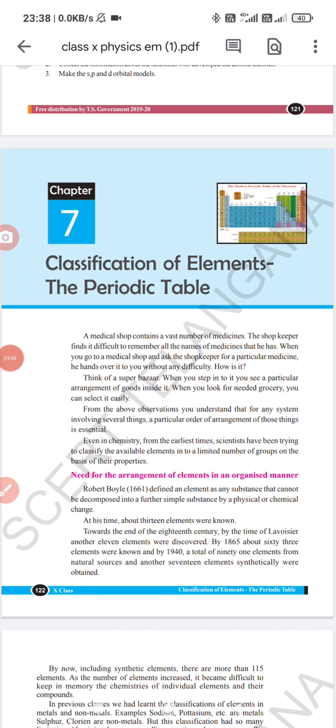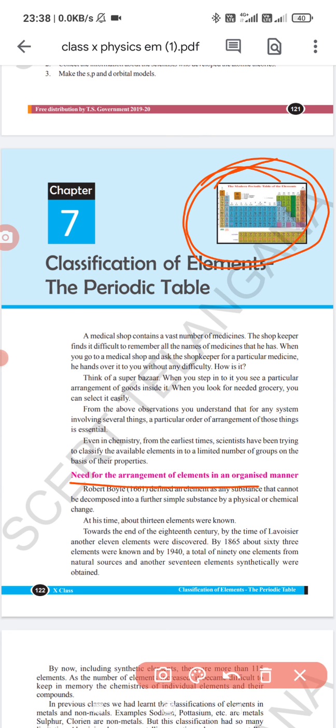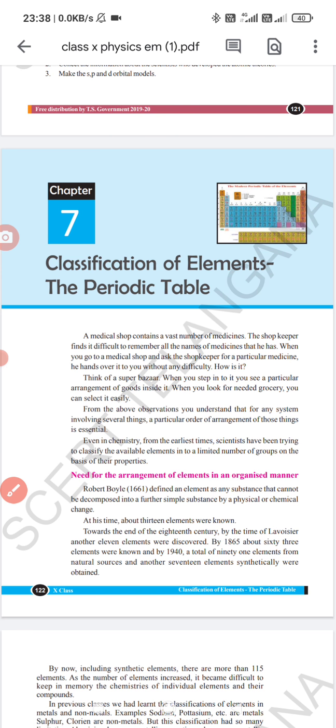Need for the arrangement of elements in an organized manner. Why do we need to arrange these elements in an organized manner? Let us see. Robert Boyle in 1661 defined an element as any substance that cannot be decomposed into further simple substances by a physical or chemical change.